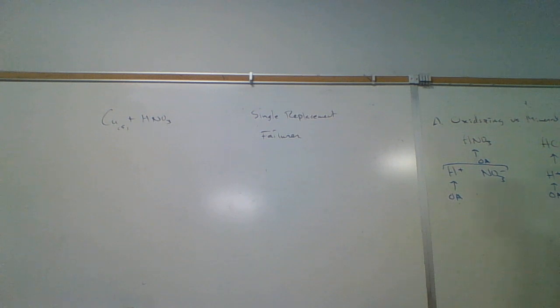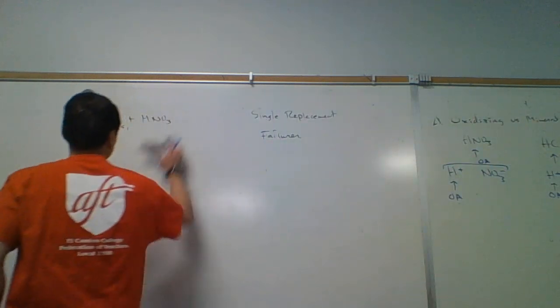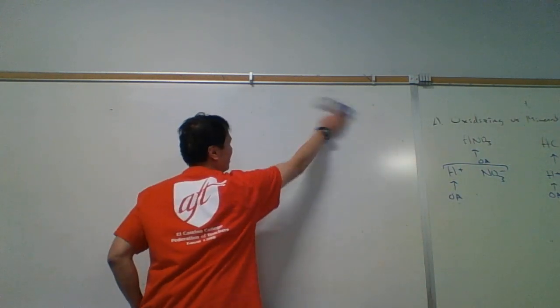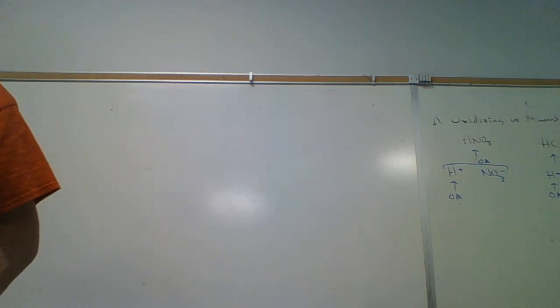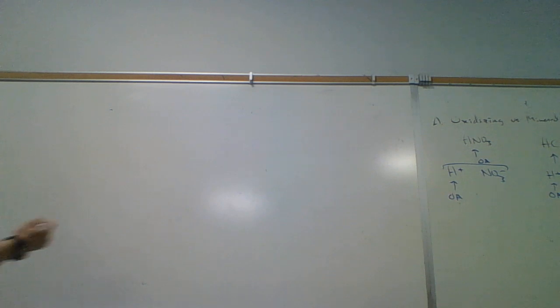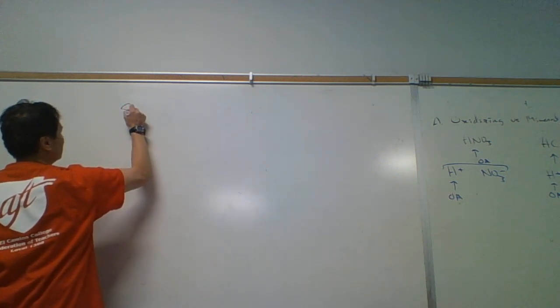The reason why this failed is because single replacement makes an assumption. And if that assumption is wrong, single replacement will fail. So what is the assumption that single replacement makes?